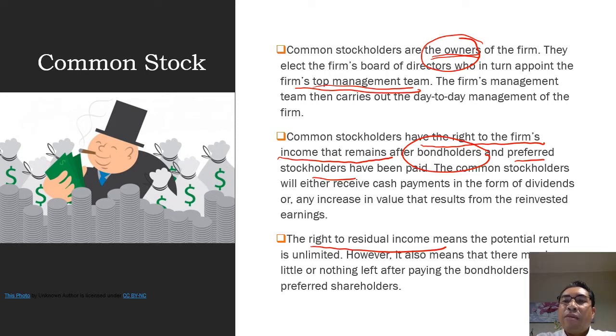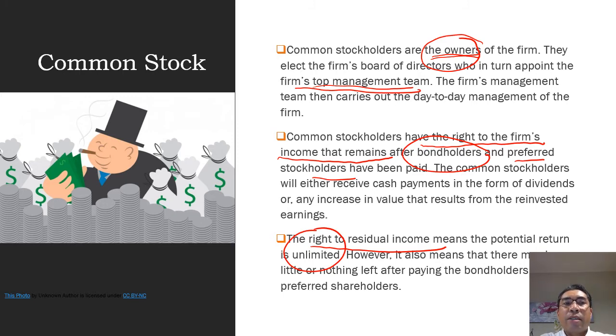The second thing, they have to honor the obligation to pay dividend to preferred stockholders. But whatever portion of the profit is left belongs to the common stockholder. So we can say there's also a privilege to the common stockholder as a residual owner of the company, in that the potential return is unlimited.